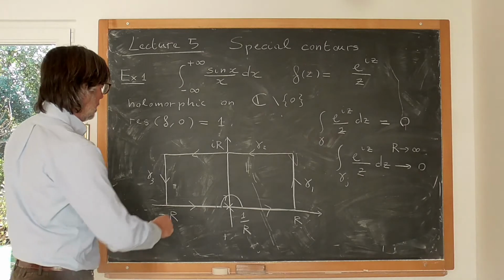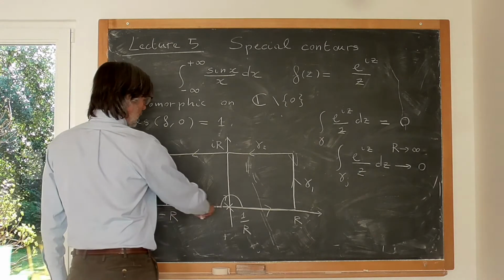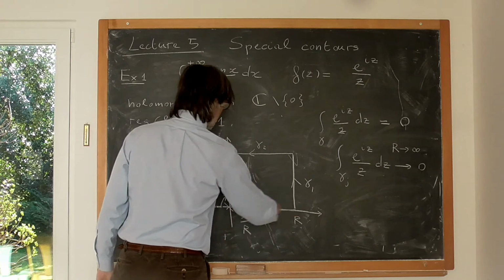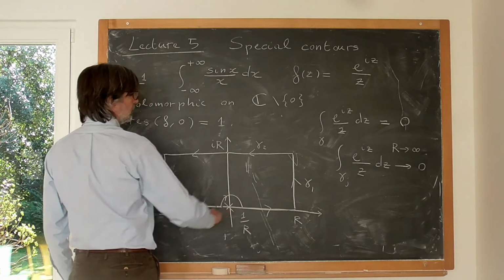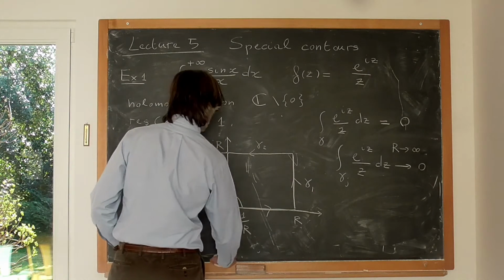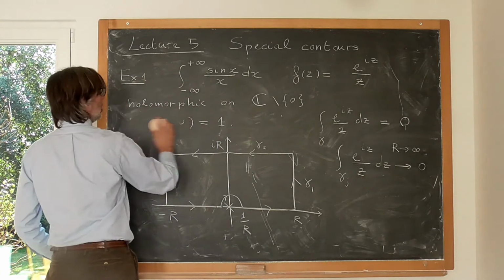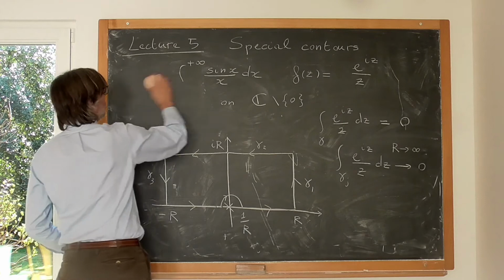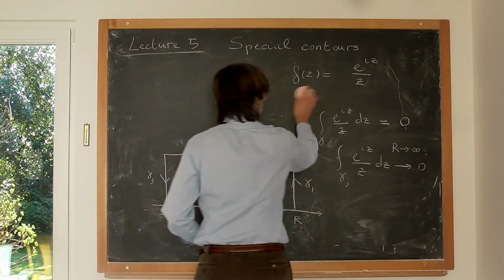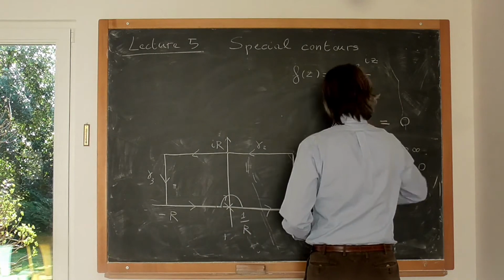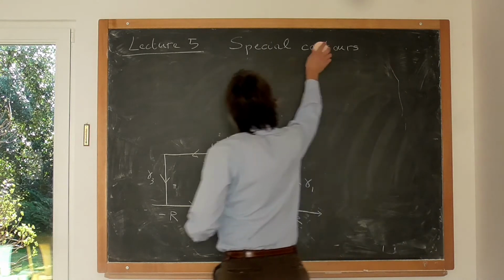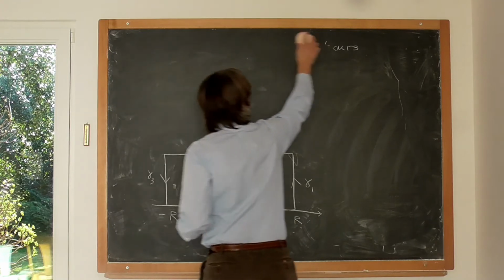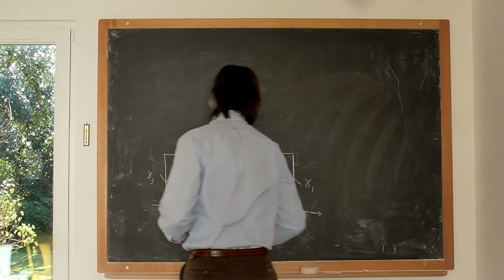Then we have to deal with these two intervals on the real line and with this half circle. So I keep the picture here. Now we get some space to compute the other pieces we are interested in.